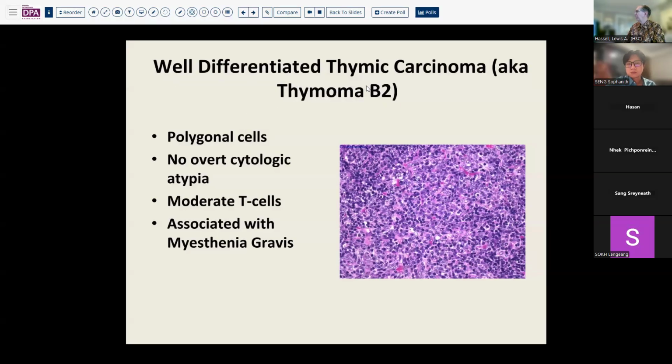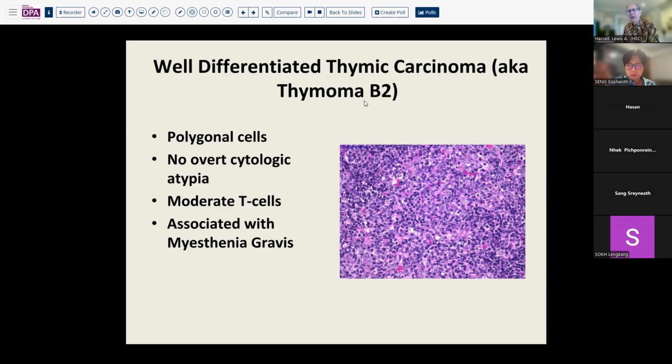And so the term well-differentiated thymic carcinoma may be analogous, if you will, to the type of classification we use with differentiated thyroid tumors, for example. We have well-differentiated thyroid tumors that have papillary architecture. We have well-differentiated thyroid tumors that have follicular architecture.